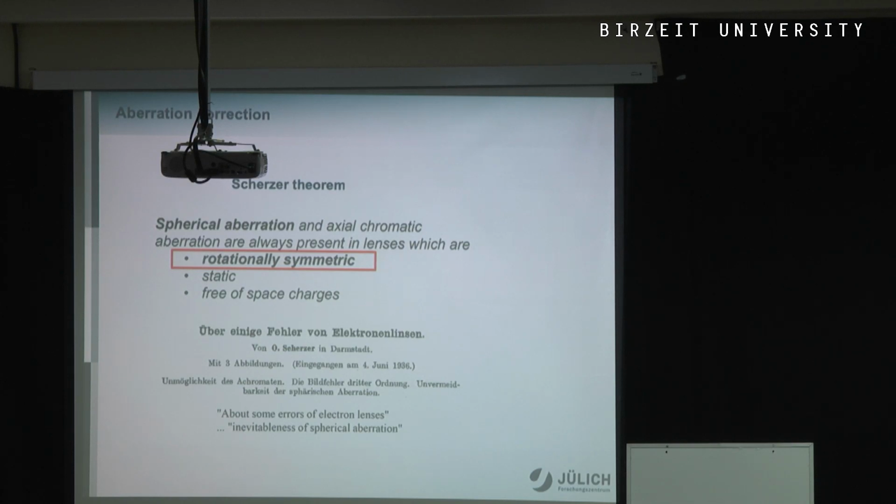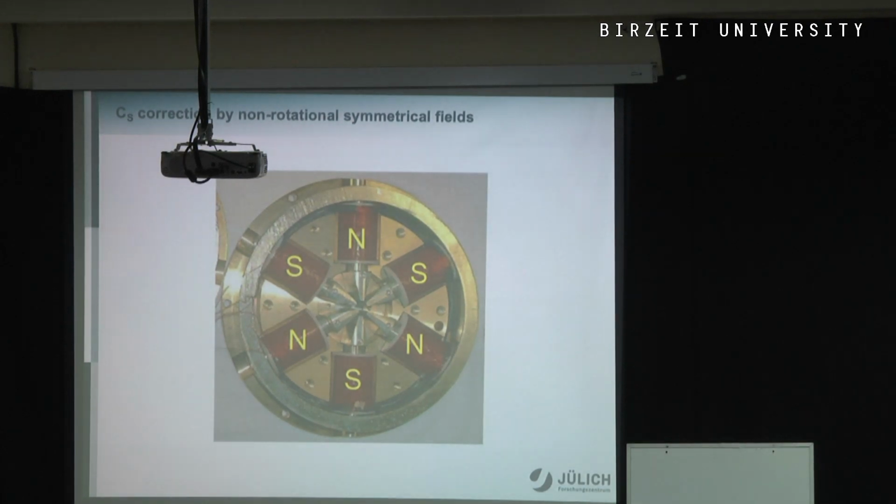And the first of these approaches, which was realized in practice, was to depart from rotational symmetry of lenses, and that was done in the early to mid 1990s. Here's an example of a magnetic multipole. You now have poles of many different orders, quadrupoles, sextupoles, hexapoles, octupoles, which can be assembled in a sequence.